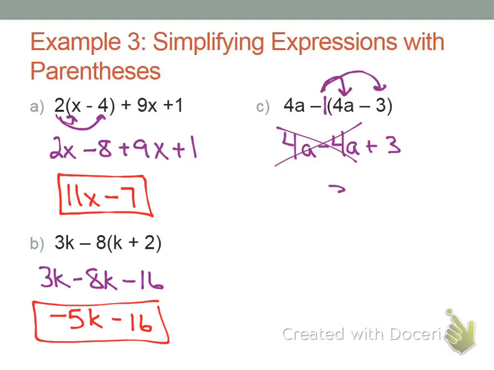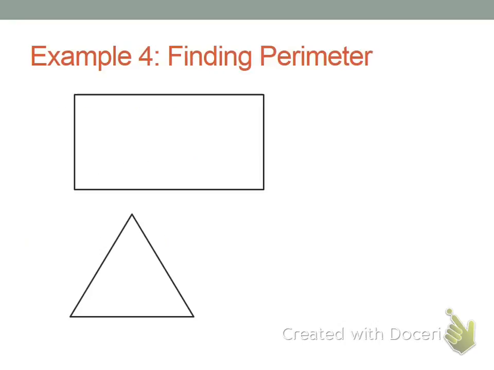So guess what my answer is? My answer is 3. Okay, my variables cancel. But the variable canceled out. We simplified down to the answer. Yeah, there is an answer on this one because my variable canceled, so I don't need to know what it equals.